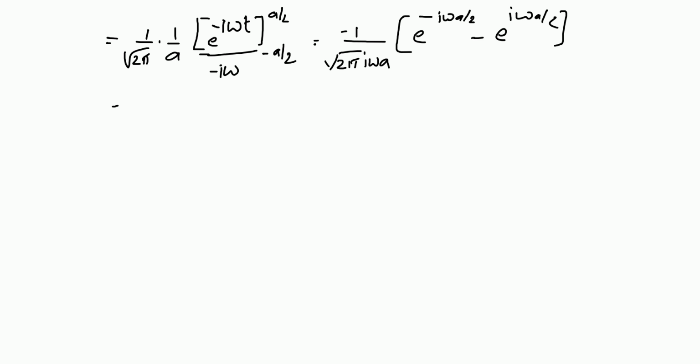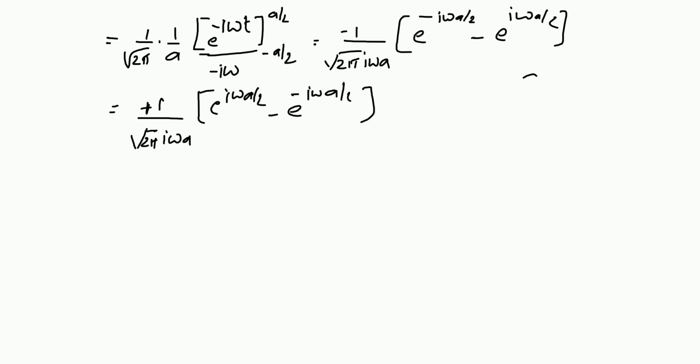This problem looks familiar, like the previous one that we did in the third video. Of course, the shape of the two graphs in problem number 3 and this video is the same. So this is equal to 1 by root 2 pi i omega a, and you take that minus 1 into the bracket, and you can write it as e raised to i omega a by 2 minus e raised to minus i omega a by 2.